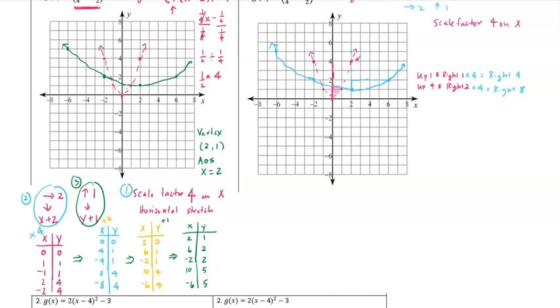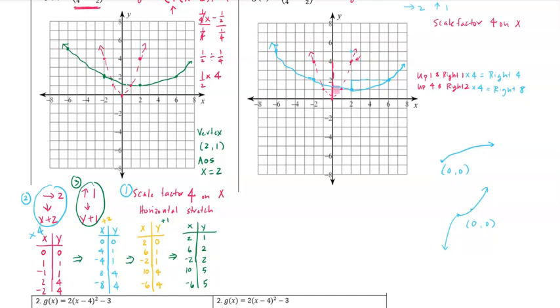I did not have to go through and make my tables. So once again, translate that main point. It could be a vertex. It could be the 0, 0 of a square root function. It could be the 0, 0 of a cubic function. And then figure out how to get to that first point.